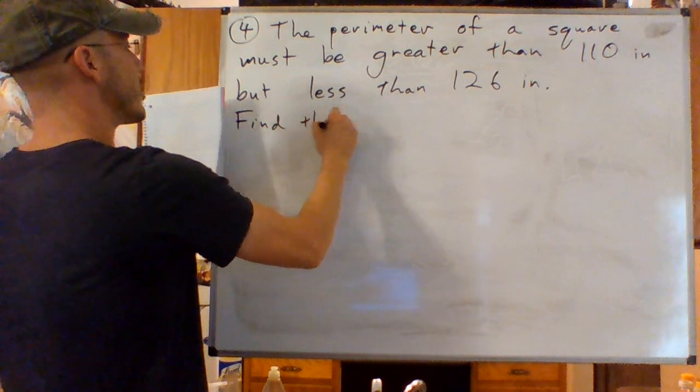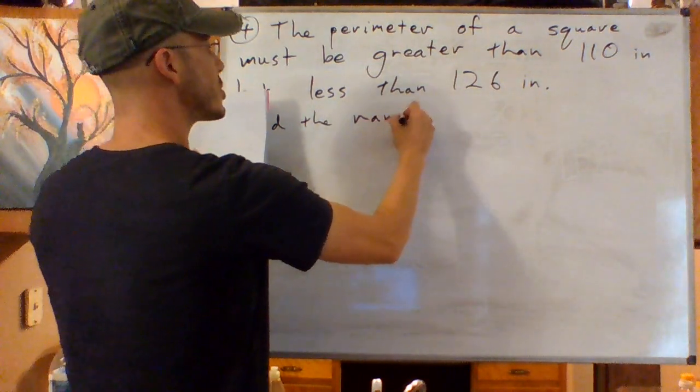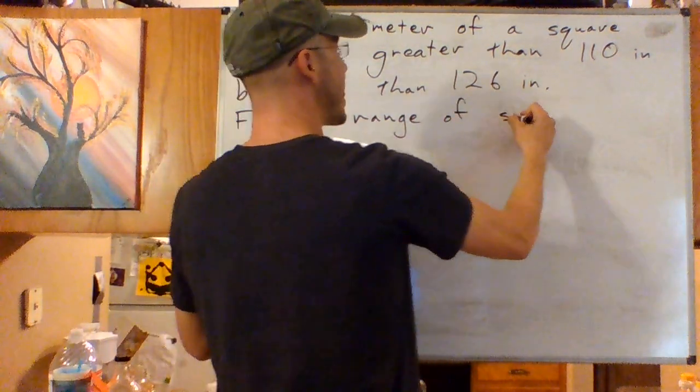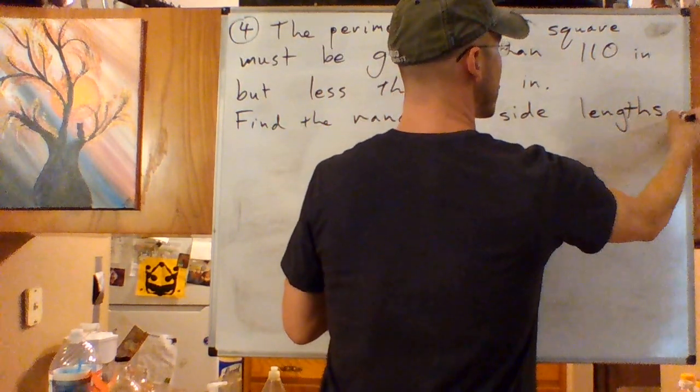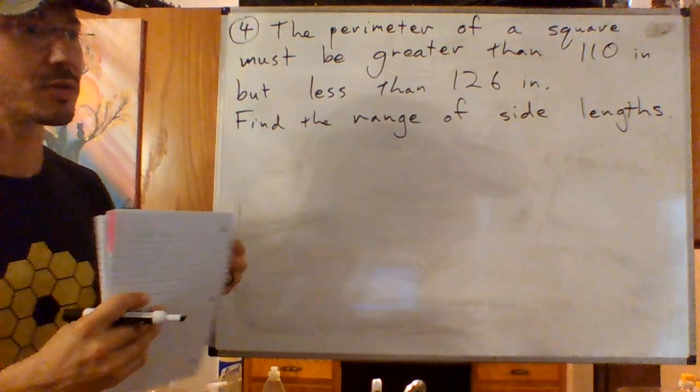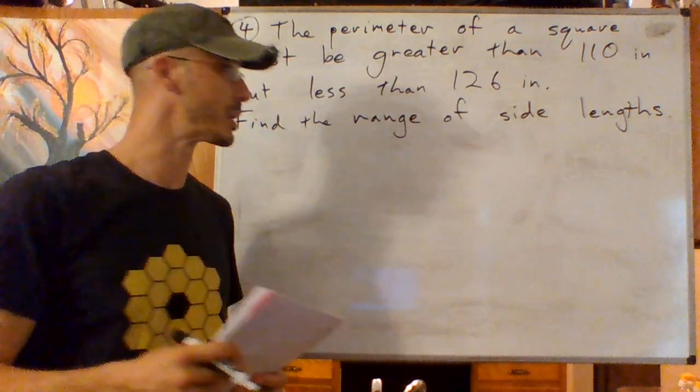Find the range of side lengths. So the range of the possibilities, or we're going to solve an inequality.